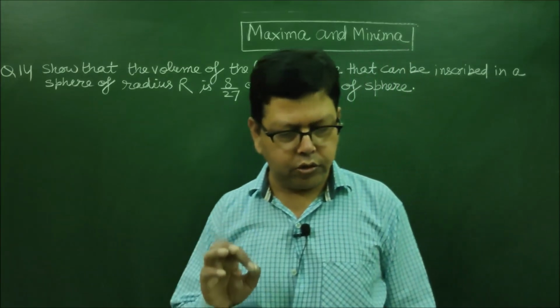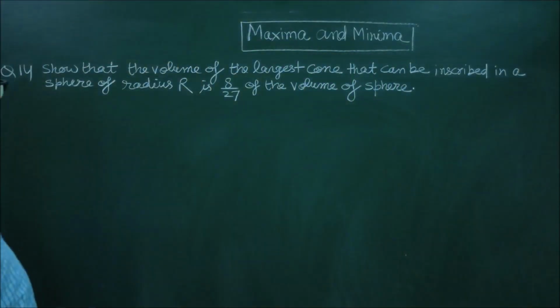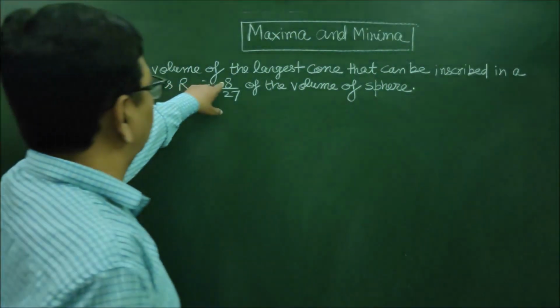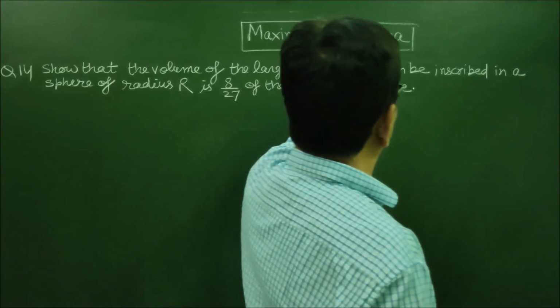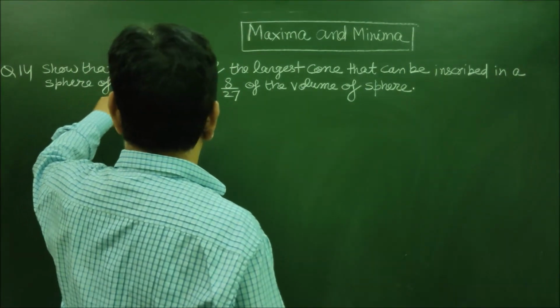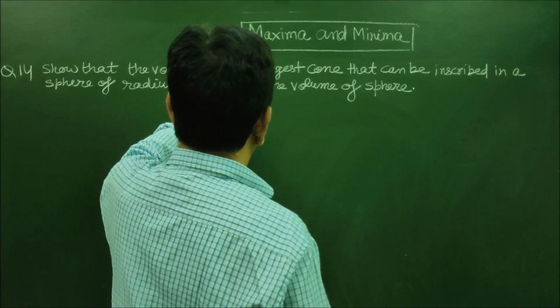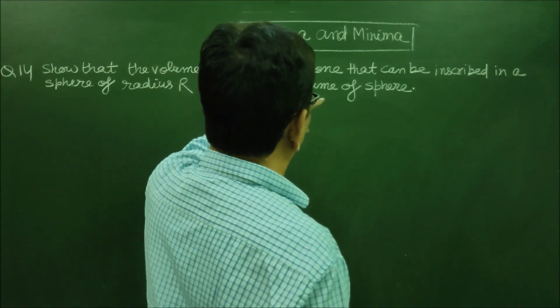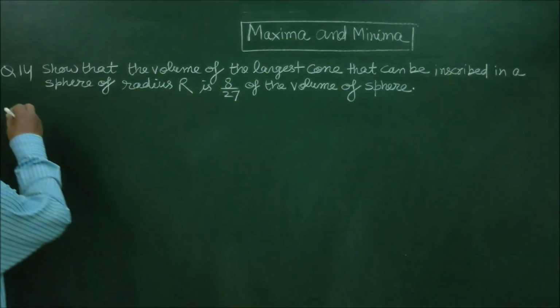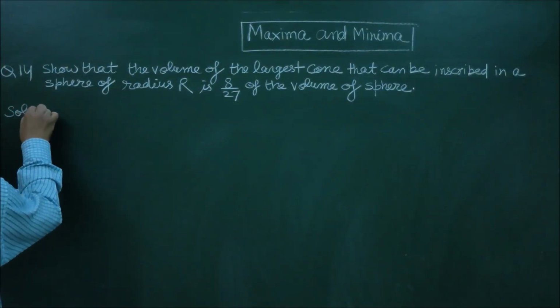Next question, question number 14. Show that the volume of the largest cone that can be inscribed in a sphere of radius r is 8 upon 27 of the volume of the sphere. So first let us draw a sphere.